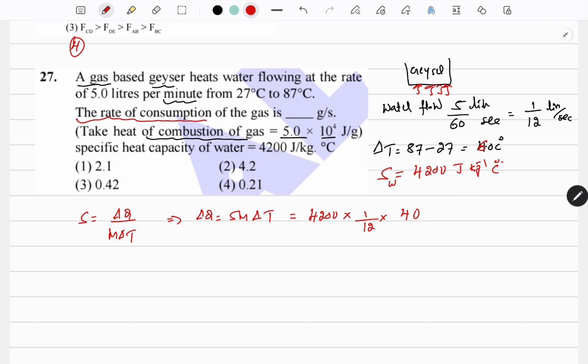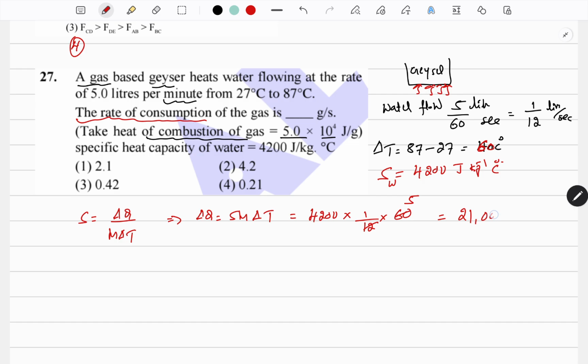Sorry, this is 60 here. So into 60, 12 1 ja 12 5 ja. So we get the answer.